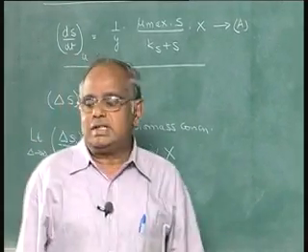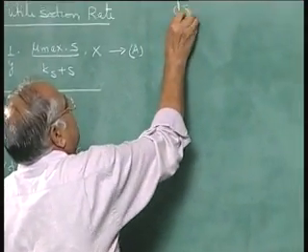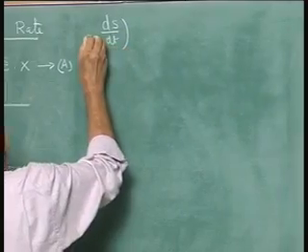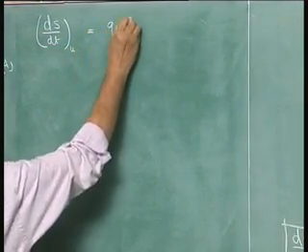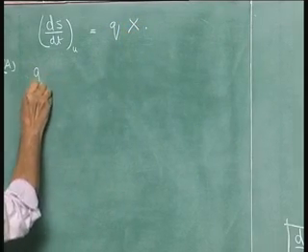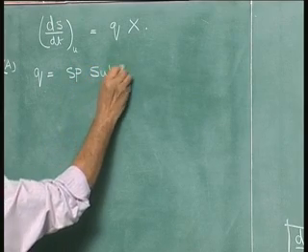Now I define what this q is. So ds by dt, the food that is utilized, is equal to q into x. The q is known as the specific substrate utilization rate.